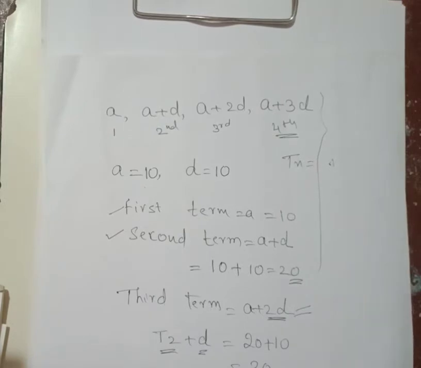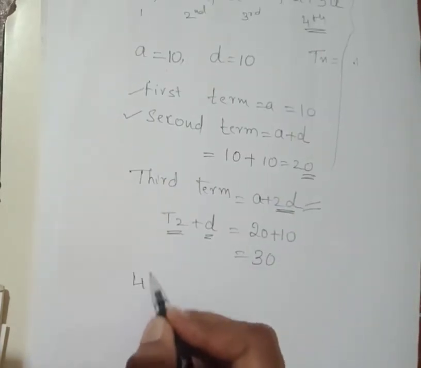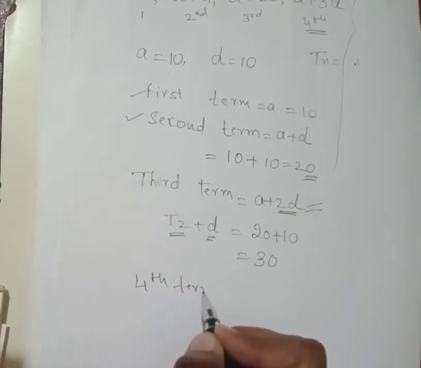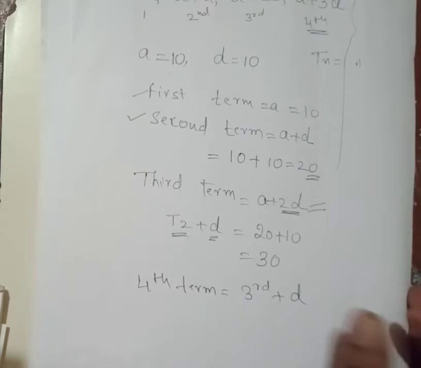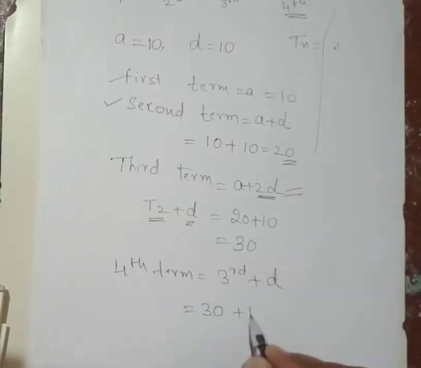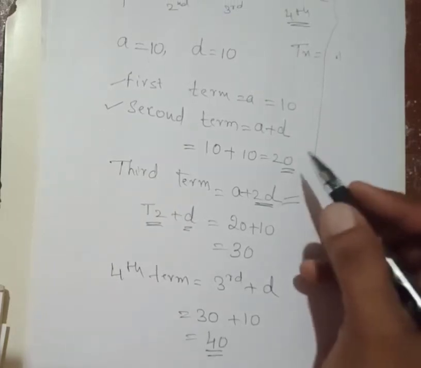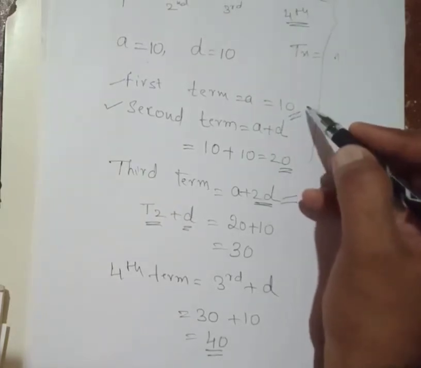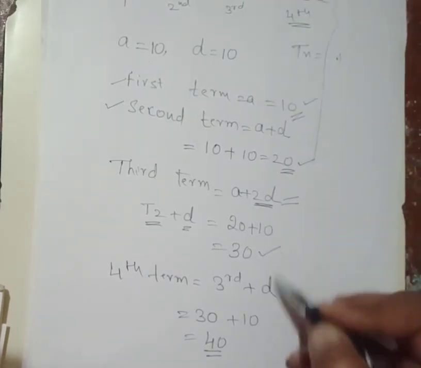Then for the fourth term you have to go this way only. The fourth term is what? Third term plus the difference. The third term is 30, plus 10, which is equal to 40. Now see here, all our first 4 terms are 10, 20, 30 and 40.